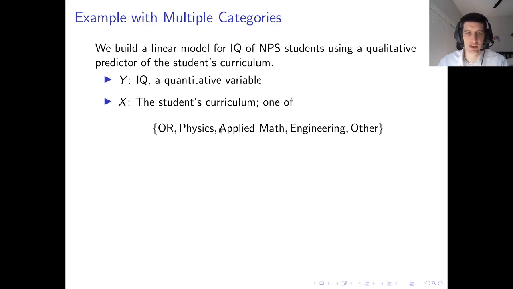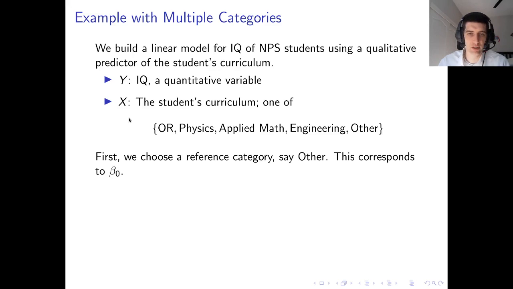So we have 5 categories. That's this categorical predictor X. We want to encode it using binary predictors. So we're going to choose a reference category, just as I talked about in the previous slide. I'm going to choose my reference category as other, that is, any curriculum not corresponding to these 4.